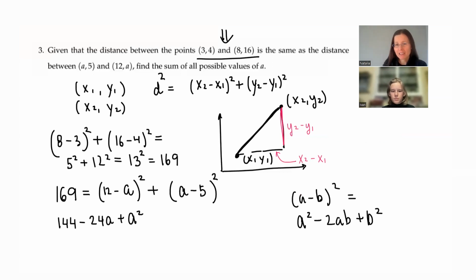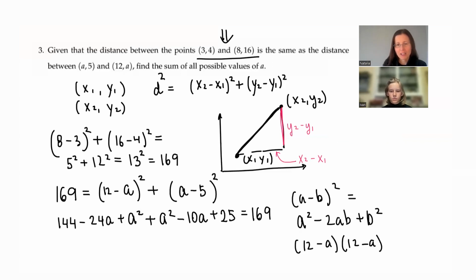If you have forgotten it, it's totally fine to just do the distributive property, the FOIL, write the 4 elements and combine like terms. For the second parenthesis, we'll have a squared minus 10a plus 25, or 5 squared. I didn't write 169 on the left; I'll write it here.